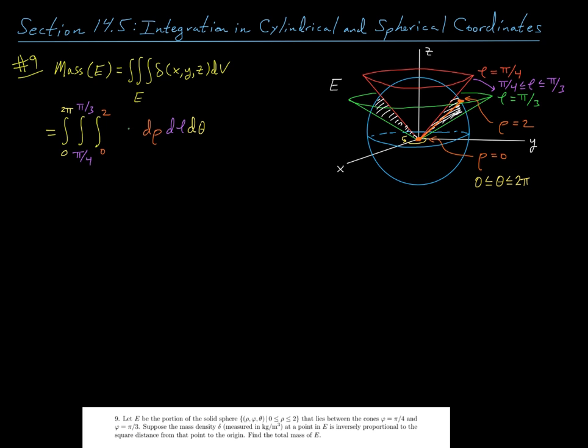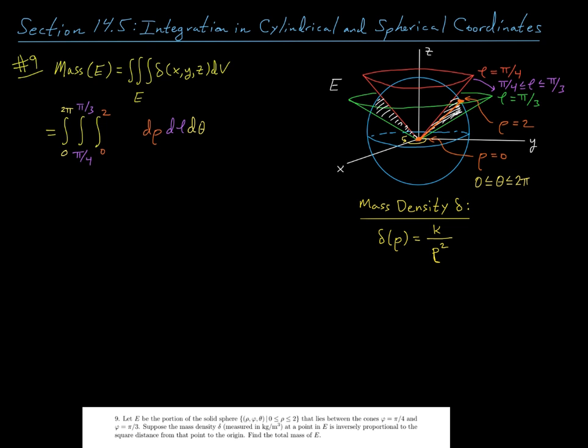All right. And now for delta, we're told that the mass density at a point in E is inversely proportional to the square distance from that point to the origin. The distance itself from the point to the origin is just rho in spherical coordinates. So the square distance would be rho squared, and delta is inversely proportional to it. So our mass density function delta will be some constant k divided by rho squared.